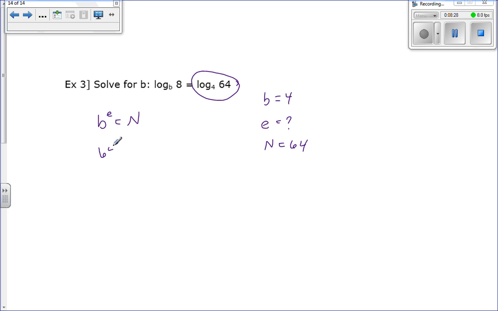So 4 to the what power equals 64? That's the number portion. So 4 to the what power is 64? Well, that is 3. So now we're left with log base b of 8 equals 3.